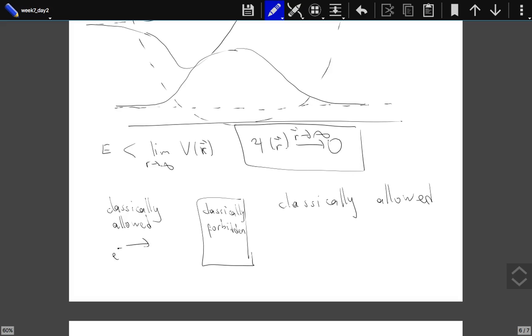Then we send electrons. Well, we basically send the current. Classically, those electrons should not be in the second region. This is region 1, region 2. Classically, the electrons should not be able to reach region 2. They are blocked. But we do observe electrons in region 2.